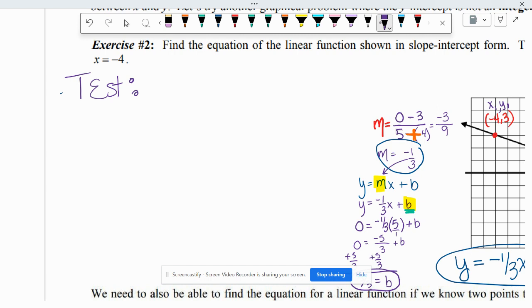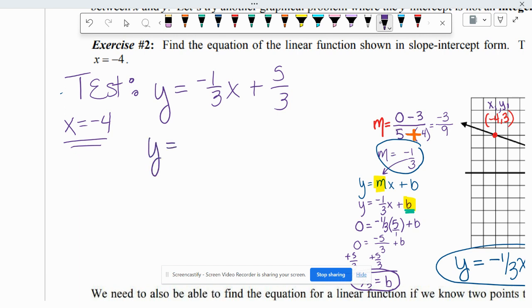So here's the equation that we're using. y equals negative 1/3 x plus 5/3, and we have to test it by letting x equal -4. So what does that mean? We're going to plug this value in and make sure that it matches our point on the graph. When x equals -4, y equals -1/3 times -4/1 plus 5/3.